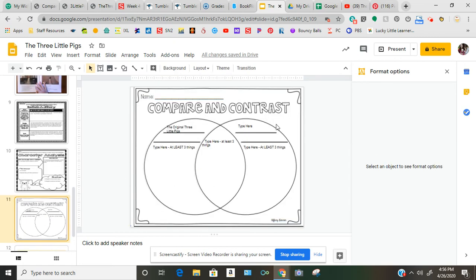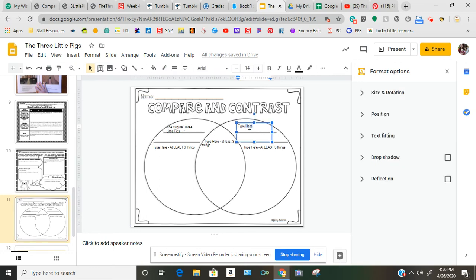Now, the comparing and contrasting portion is a Venn diagram, and we've used a Venn diagram. Now, when you do this part, okay, this side right here, this has to be the original Three Little Pigs. You have to compare whatever story you picked with the original Three Little Pigs story. So, for mine, I'm just going to write the Three Little Dassies here.